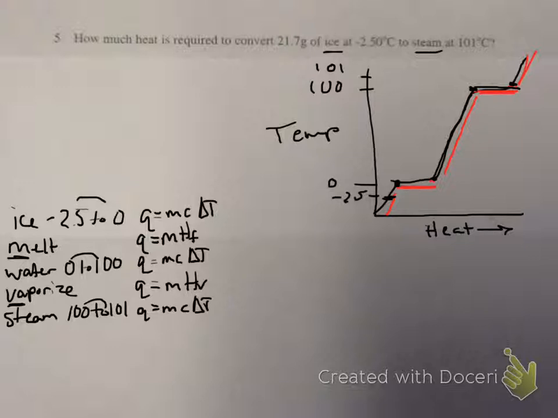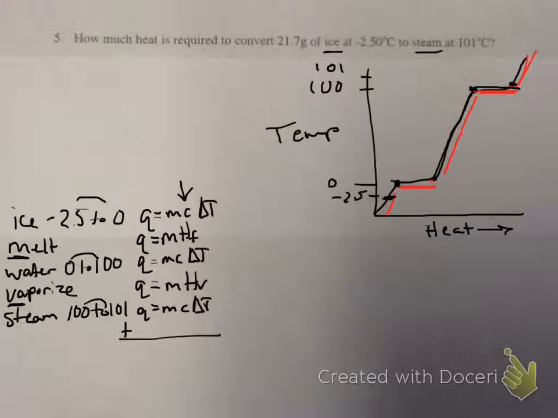Little m is mass in every single equation, and so we're just going to solve for Q in each of those. They'll all come out in joules, and all we'll have to do at the end is add them together. You have to be careful. There is a different specific heat, which is C, for ice and for steam than there is for water. I included that on the bottom of your specific heat worksheet, so just make sure that you use the correct ones.